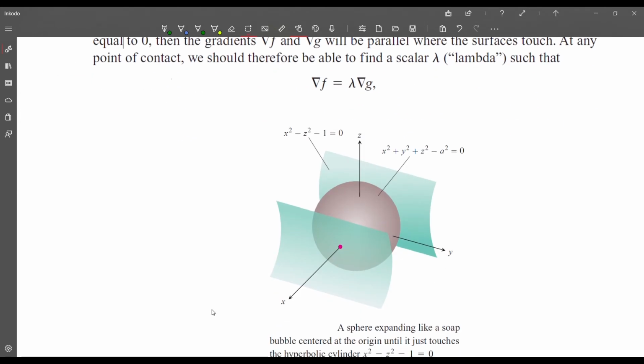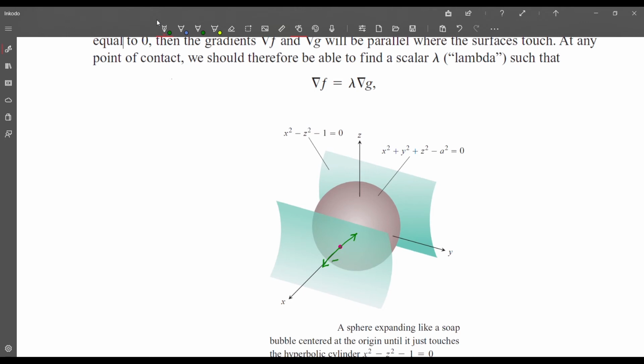At the point of contact, f is x square plus y square plus z square minus a square. So the direction of del f will be like this, outward, because the sphere is expanding outward. And at the point of contact, if you consider the surface to be oriented in this direction, then del g will be in the outward direction in any case.